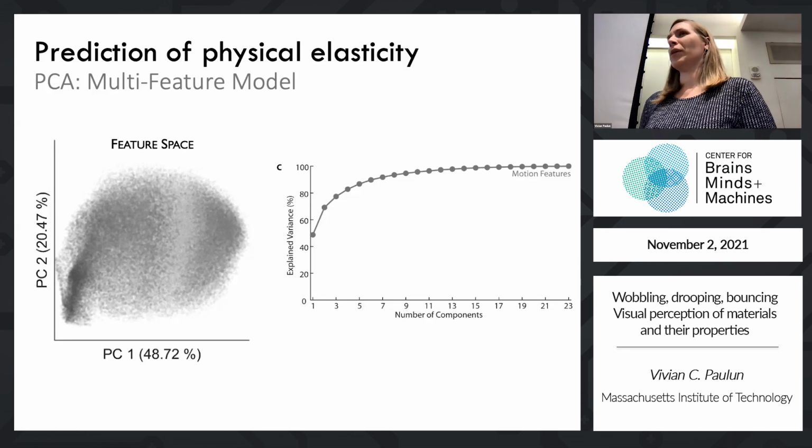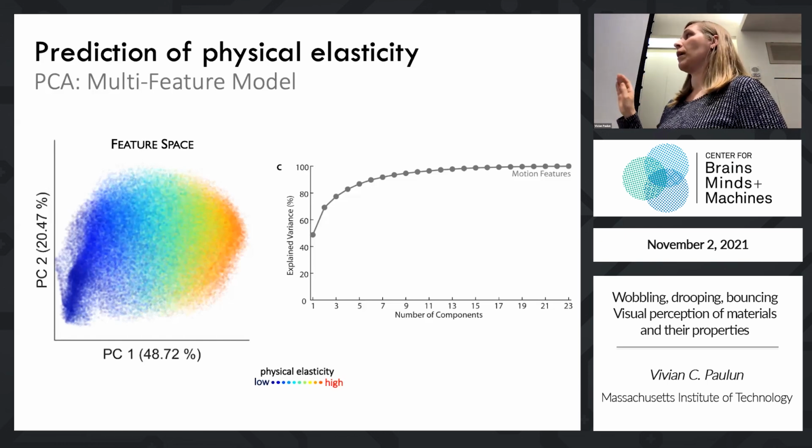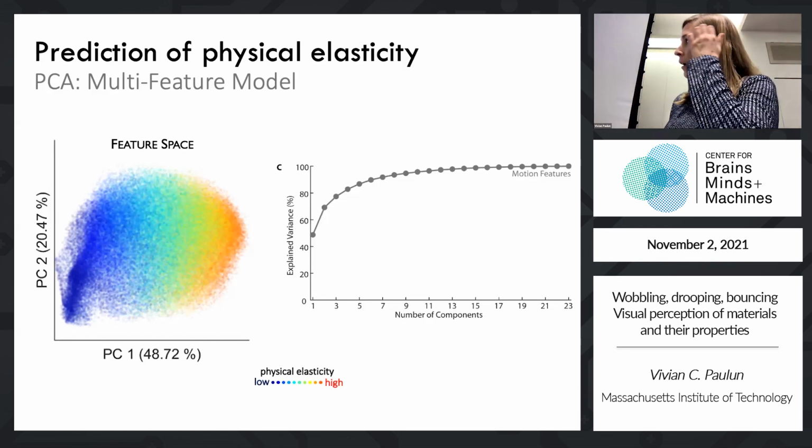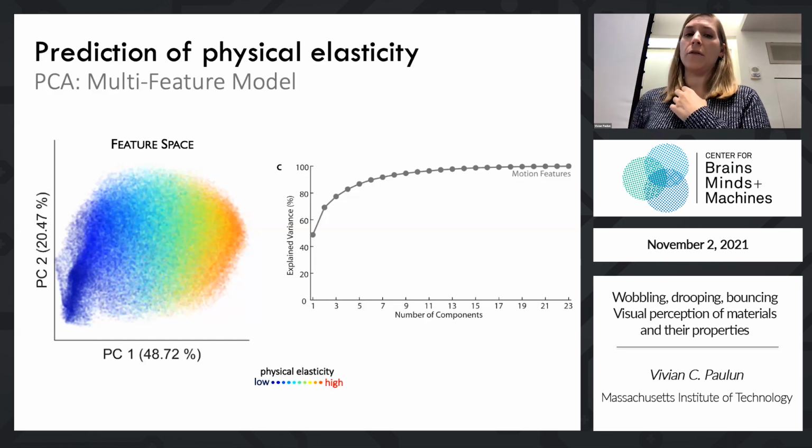But that's not really what we're interested in, right? The variance in the motion features. What we want to know is the variance in elasticity. And so here I'm color coding each simulation by its elasticity. And as you can see, we get this color gradient along the first principal component, from low elastic simulations on this side to highly elastic ones on the other side.